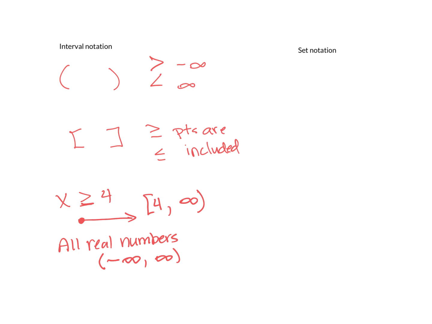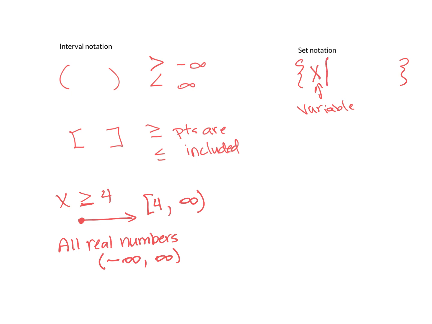Now, set builder notation uses curly braces to build a set. When we're writing this, we're going to write x, which is my variable. This is always going to be the variable. If the variable is not x, then we might want to change that. Then I'm always going to have a bar.